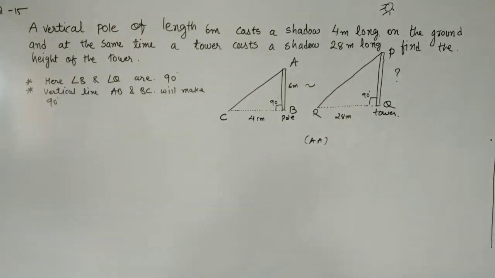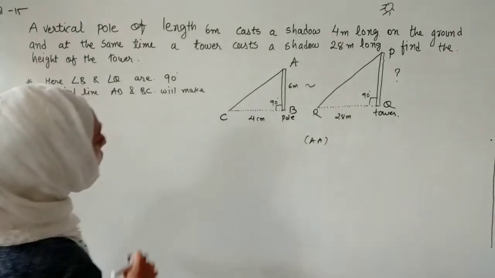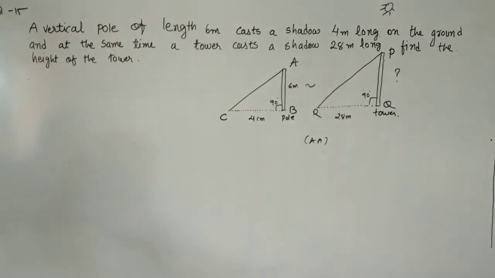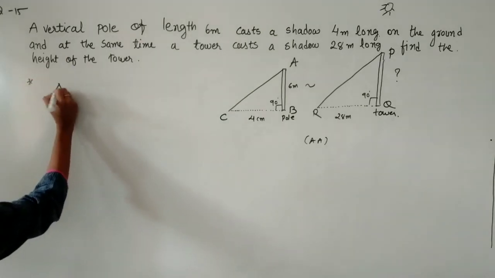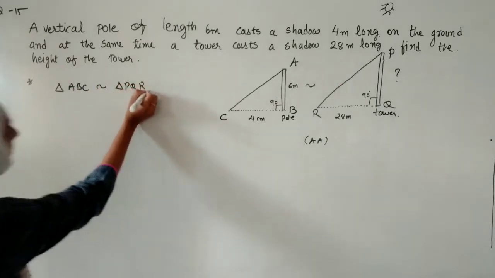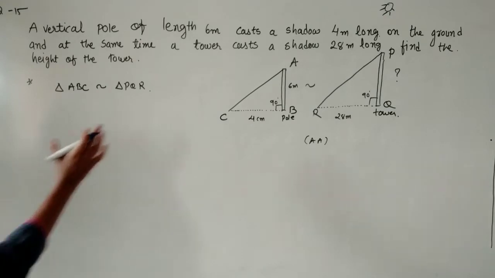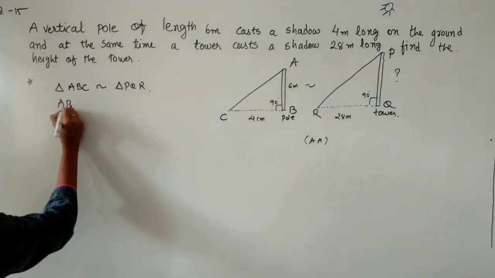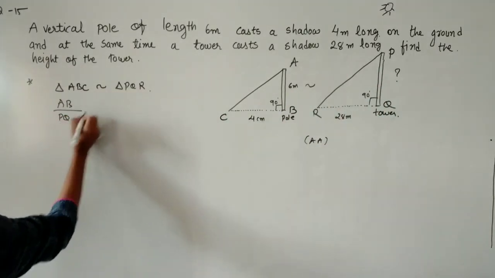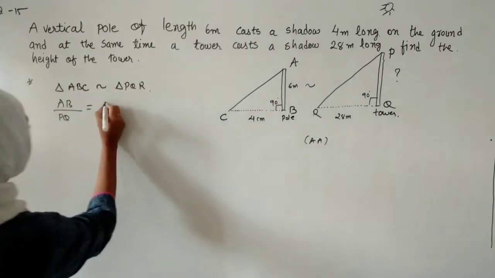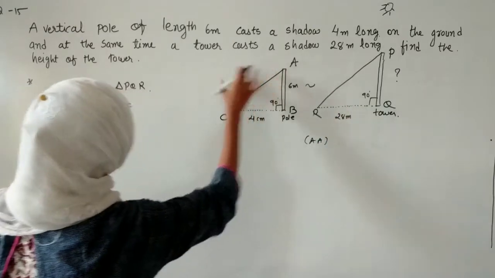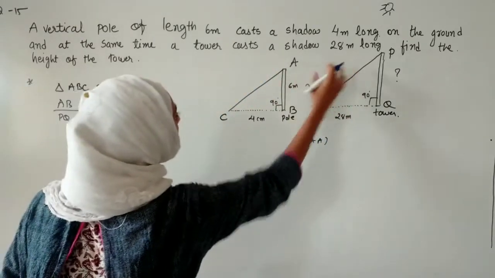This you do not have to write; it is for our understanding that it will make 90 degrees there. So here I am beginning our question: triangle ABC will be similar to triangle PQR. So we can take ratios of the sides, meaning AB by PQ will be equal to CB by RQ, which will be equal to AC by PR.